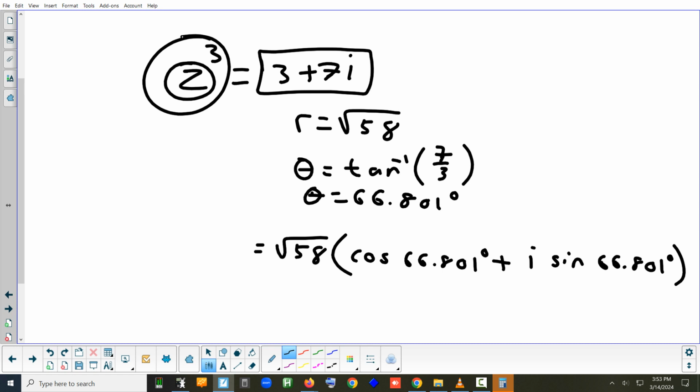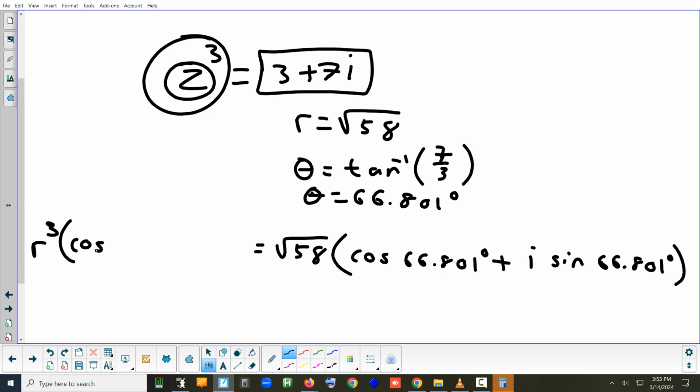Would it just be the same thing on the right, just to the third? Well, it's going to be all variables, because we're not going to have any numbers on the left-hand side for the radius or the angle. Yeah, so it would just be variables on the left. So it would be r to the third power, r cubed, yeah. Parenthesis cosine, and what's theta.